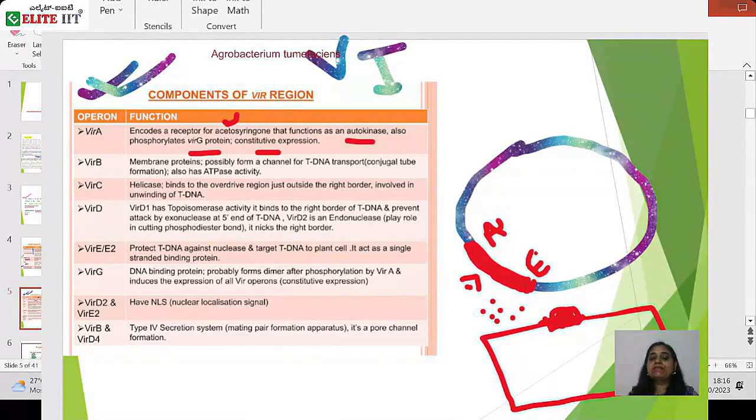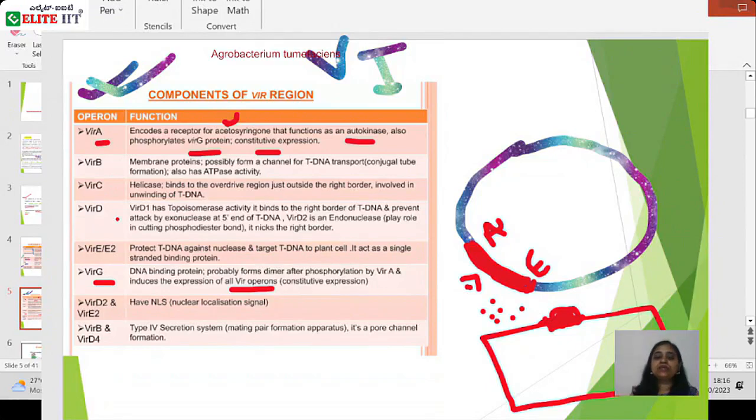Now what is the purpose of the VirG activation? VirG will bind as a DNA binding protein, probably forms a dimer after phosphorylation by VirA, and induces the expression of all vir operons. So first of all, activation is done by VirA, then VirG, which is a DNA binding protein, and other functions will be done by different vir genes.